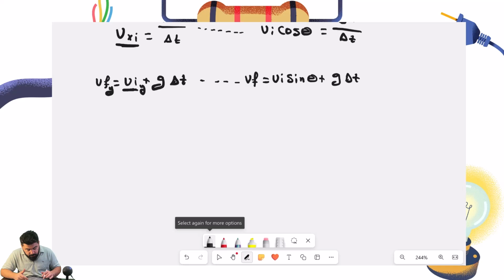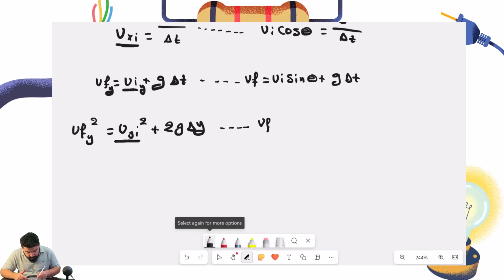Now we also had the equation vy final squared is equal to vy initial squared plus 2g delta y. Instead of writing vy initial, I'm going to write v initial sine theta.